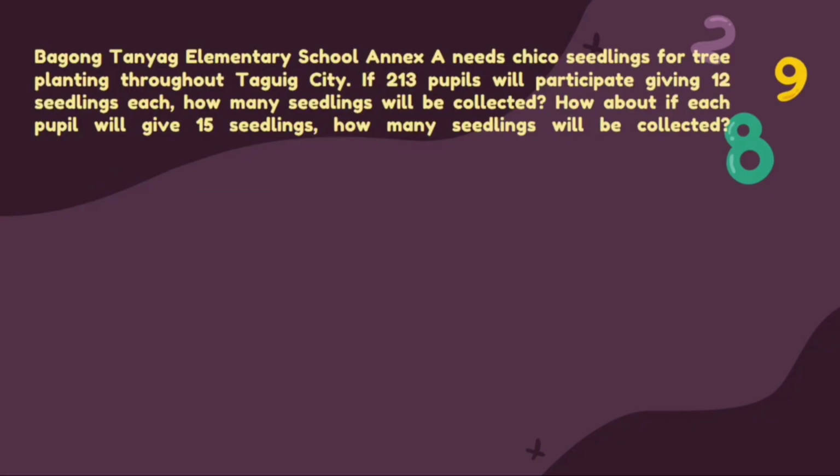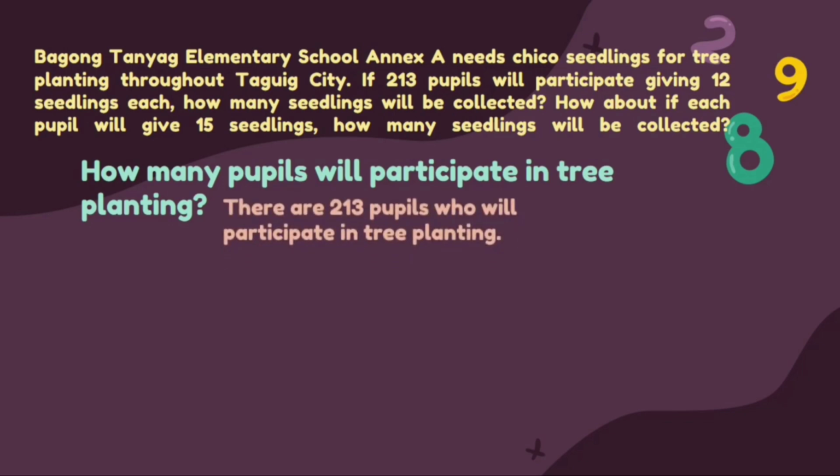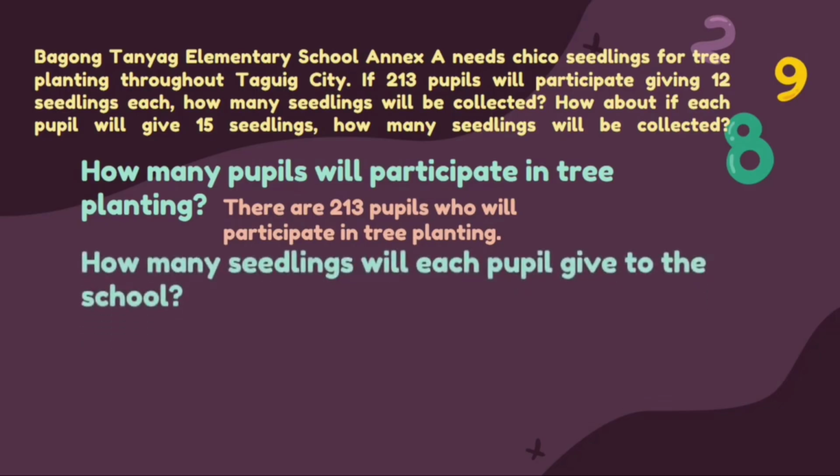Before we solve the problem, let's first answer the questions. How many pupils will participate in tree planting? There are 213 pupils who will participate in tree planting. How many seedlings will each pupil give to the school?